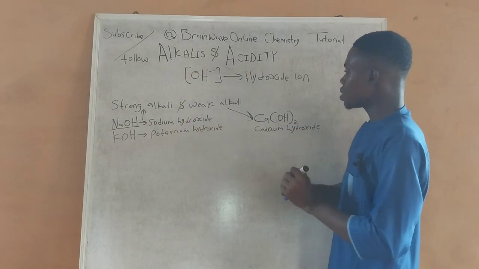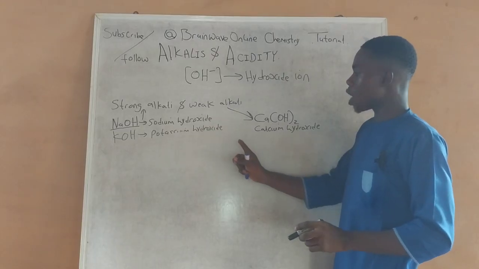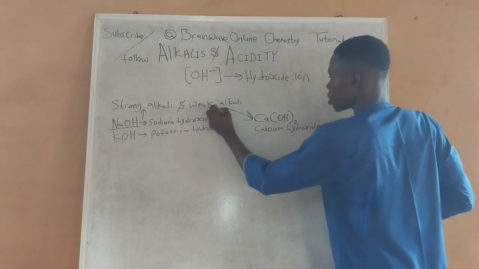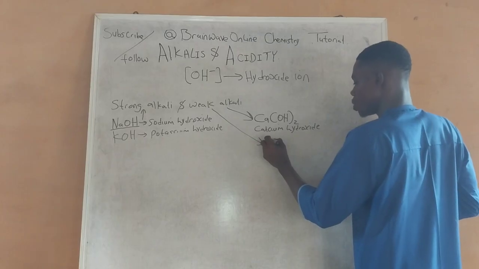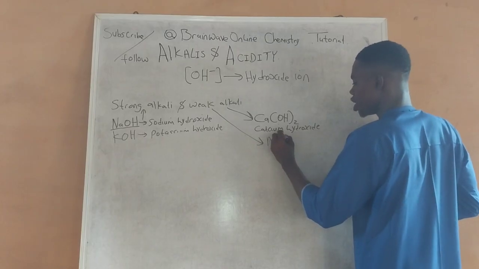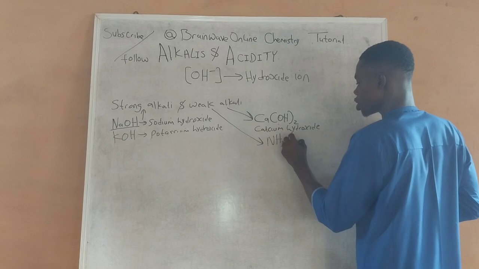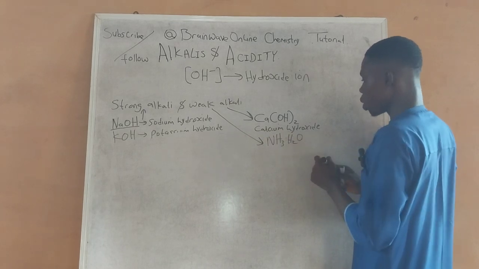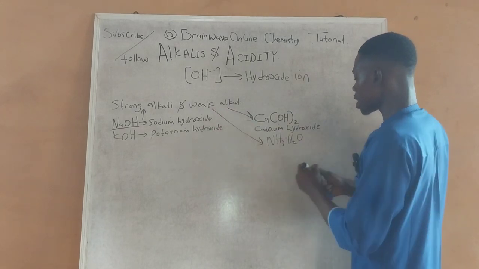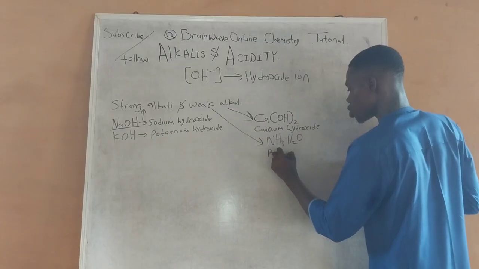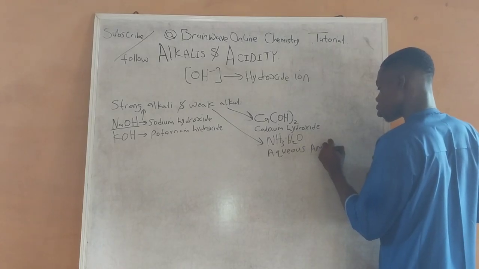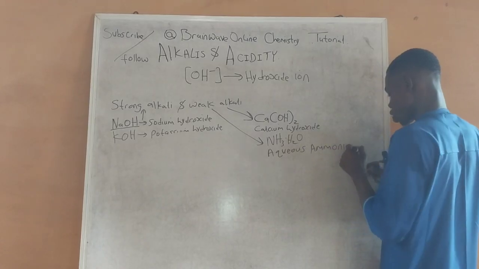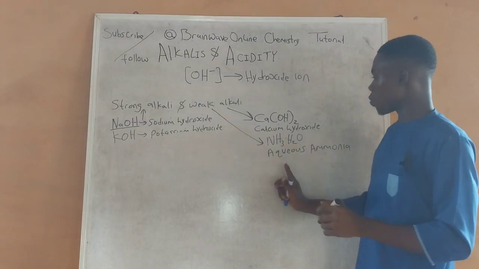Another example of weak alkaline that we have is aqueous ammonia, which has a formula of NH3.H2O. This is also a weak alkaline.